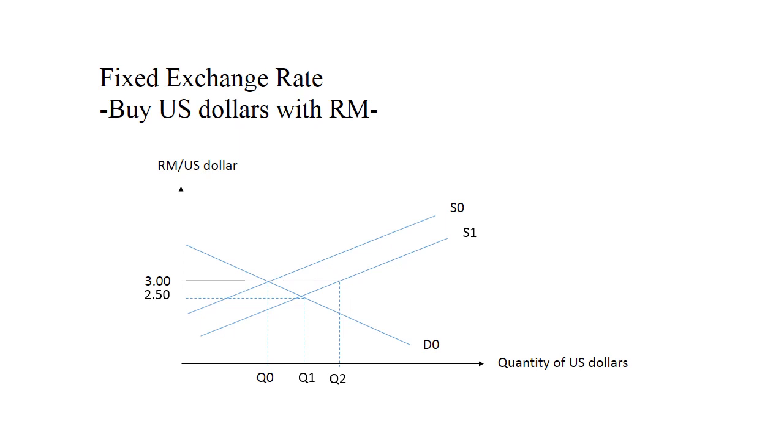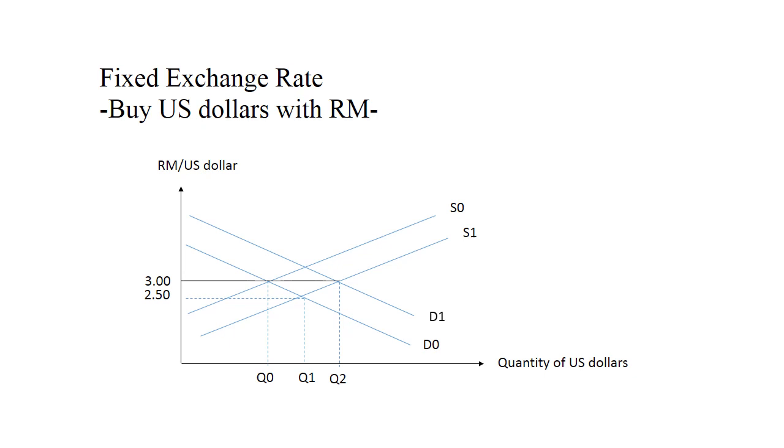The government will supply Malaysian ringgits to get US dollar. So the demand for US dollar will increase, and it will shift the demand curve to the right, from D0 to D1.